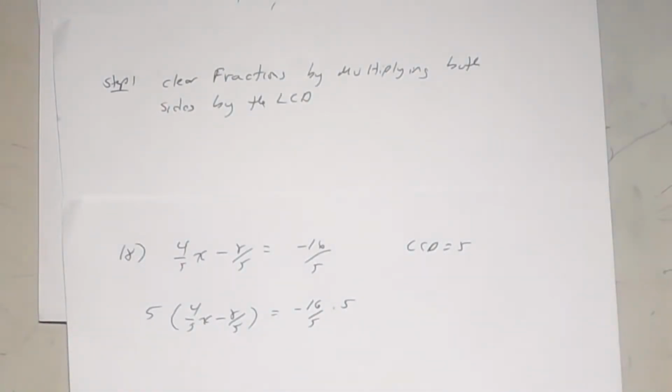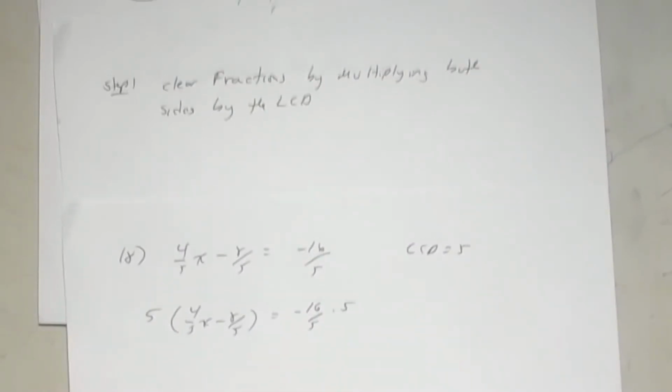All right, so that was my step 1. Step 1 is to multiply both sides by the LCD. So you have to find the LCD first. In this case, it's easy because they're all the same. Since the left side had 2 or more fractions, put that in parentheses and put the LCD in front. The right side only had 1 term, so you don't need parentheses there.